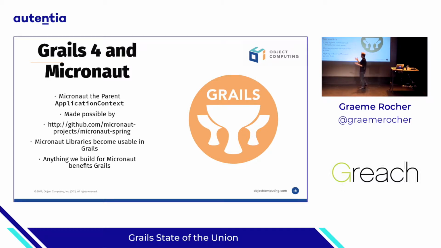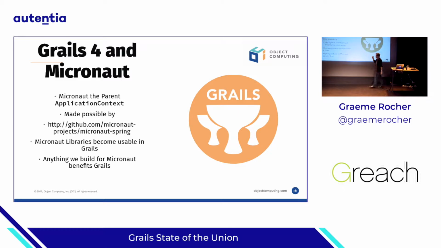It's cool because Micronaut libraries become usable in Grails and also Spring. And because Micronaut, like I said, is compilation-free, there's no reflection and no runtime bytecode generation, it increases your chance of getting operational on something like GraalVM if you're using Spring Boot, for example.